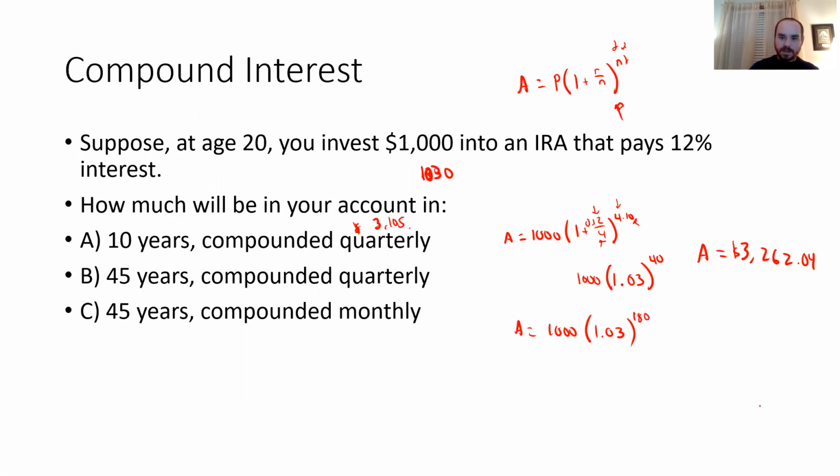So we take 1.03, we raise that to the 180th power, and then multiply it by 1,000. And this time we get A equals $204,503.36.